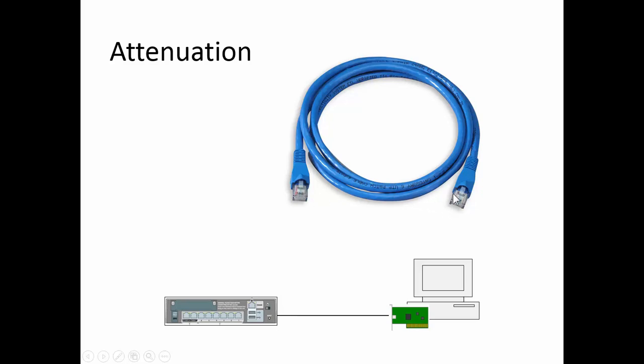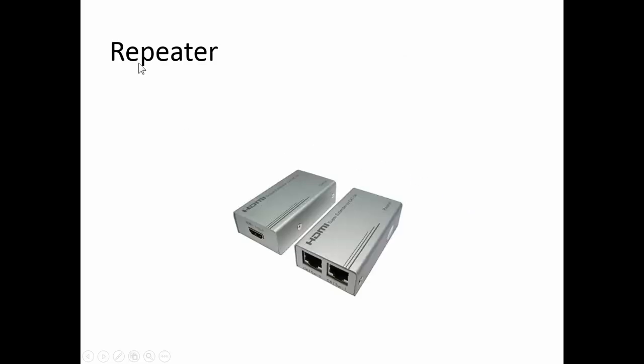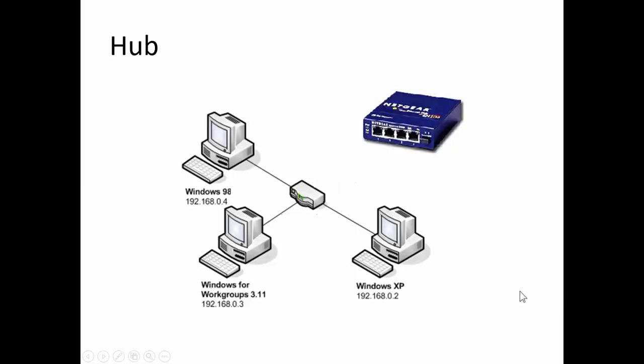So if we need to go more than 100 meters, we get a repeater. A repeater is a device that simply pushes the signal down the wire another 100 meters. One cable plugs into this end of the repeater, and the other cable comes out of the other end of the repeater, and the repeater boosts the signal so the cable can go another 100 meters.